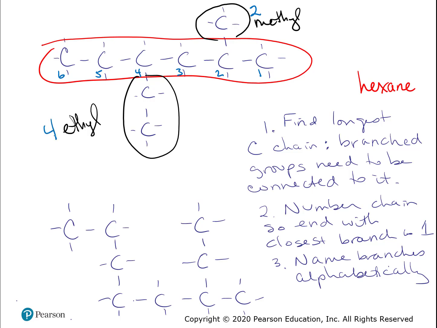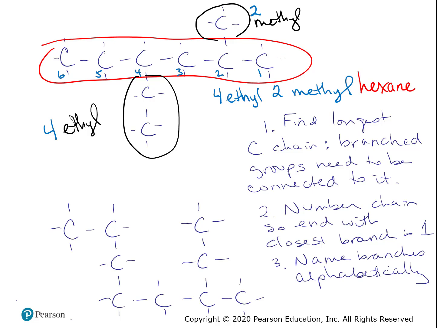So the number you put in front of the hanging group is just telling you which carbon it's hanging off of. Now since I have 2 of these, the rule is I have to list them alphabetically. So which do I write first? So I put 4-ethyl, 2-methyl hexane.